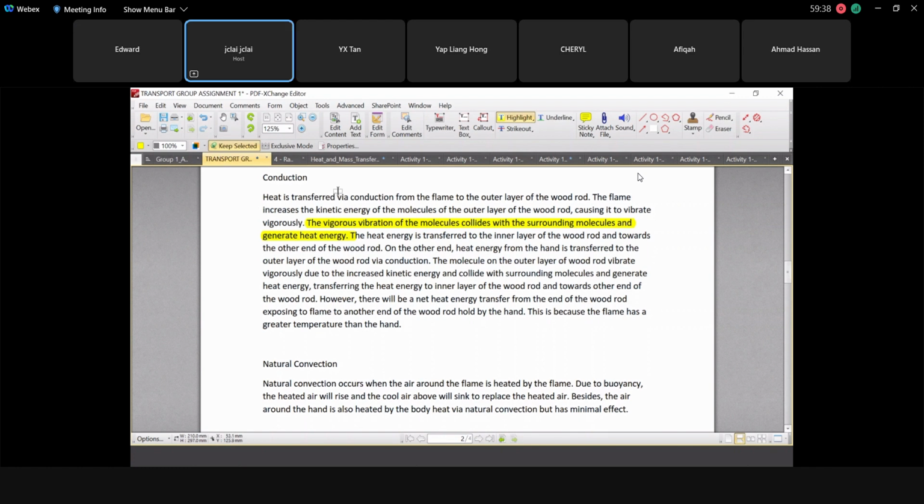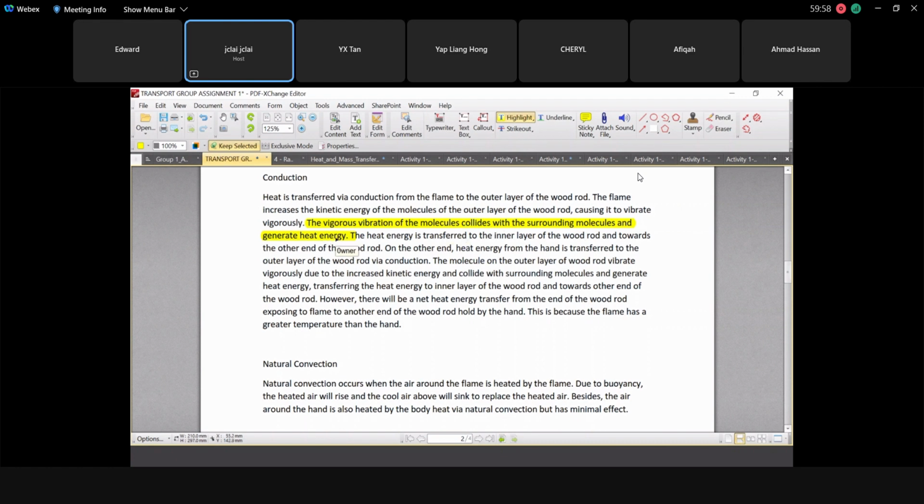Because I have never come across this explanation. So I have a question. Could you please check in a textbook or any way to see if really the vibration and the collision of the molecule will generate heat energy?